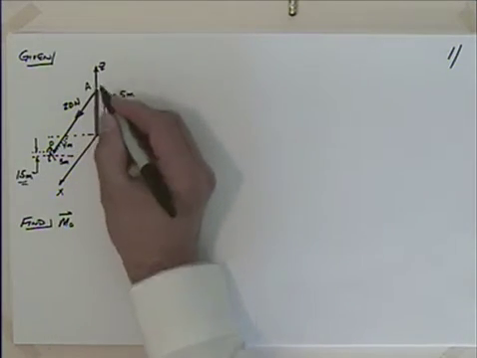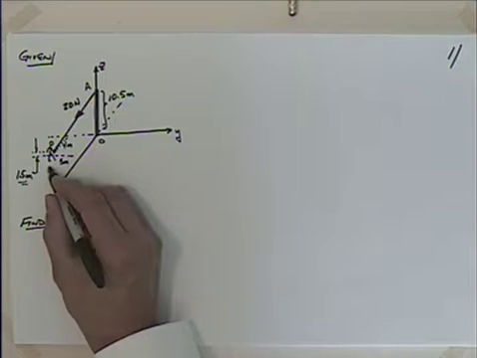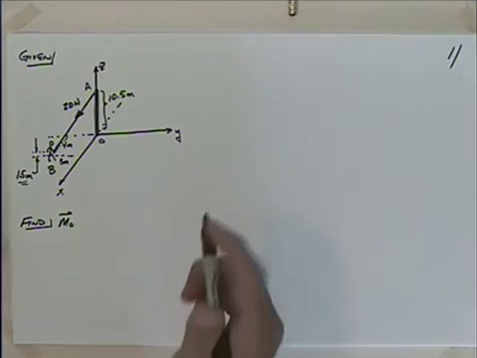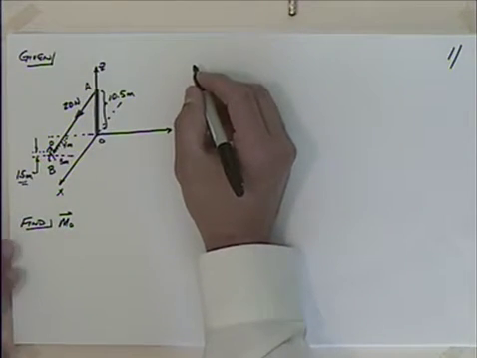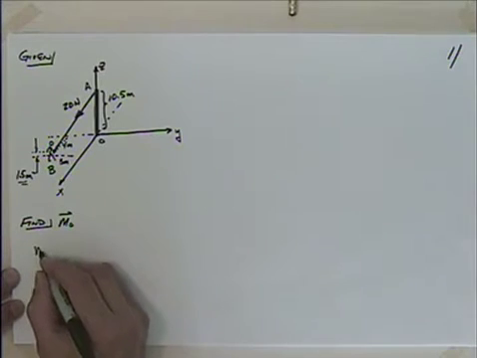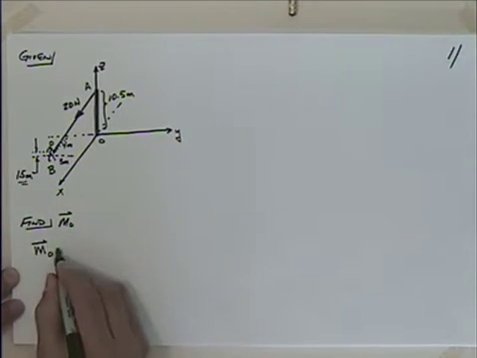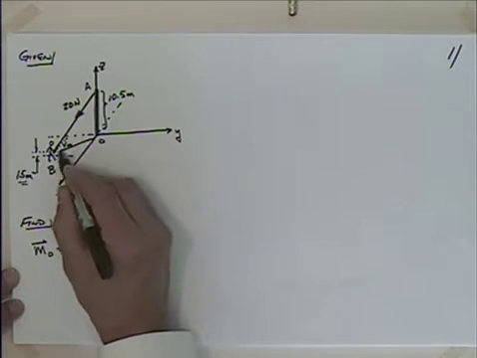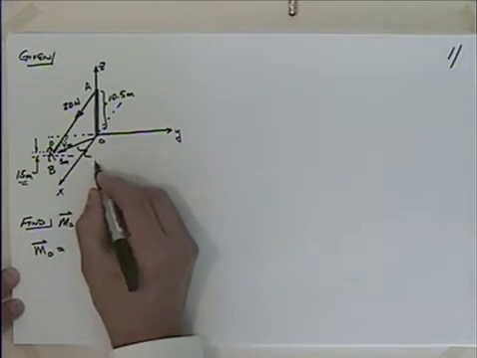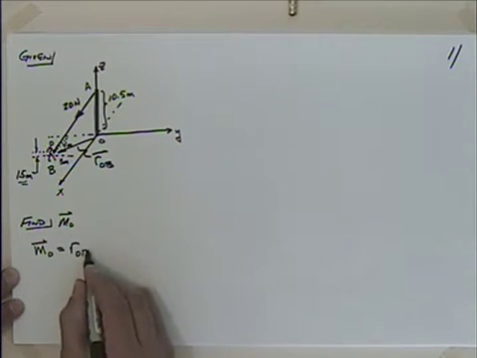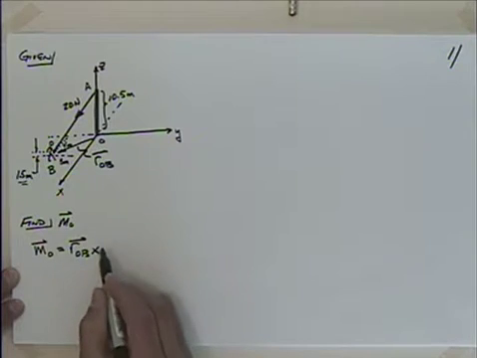Let's put this as point A so we can talk about this, and then we will say that down here this person is point B. So we could say that the moment about O is equal to the position vector from O to B, R from O to B, crossed with the force F.